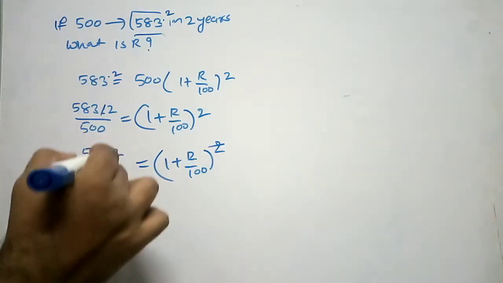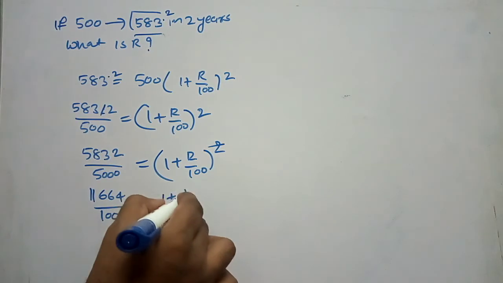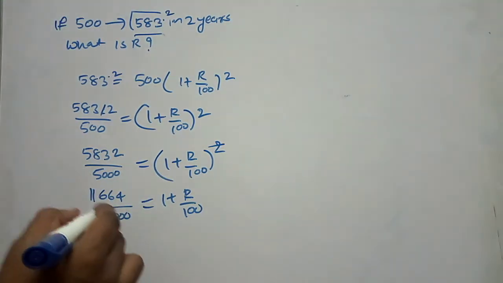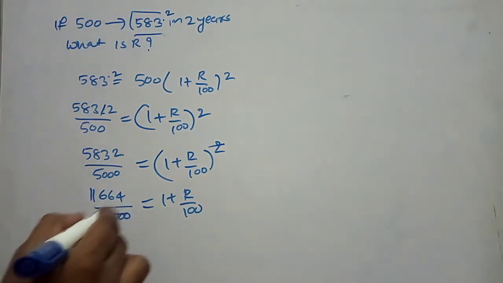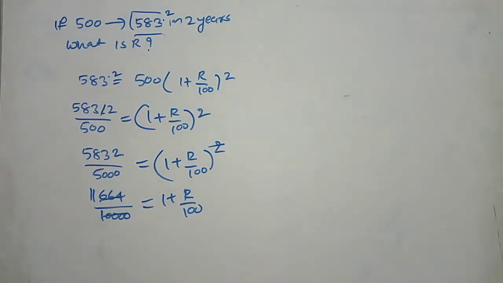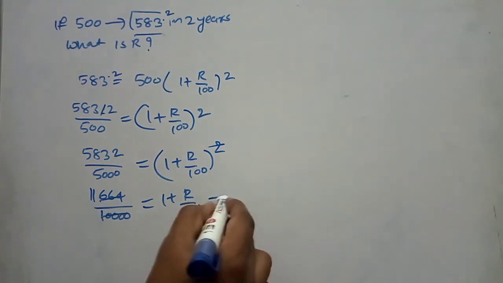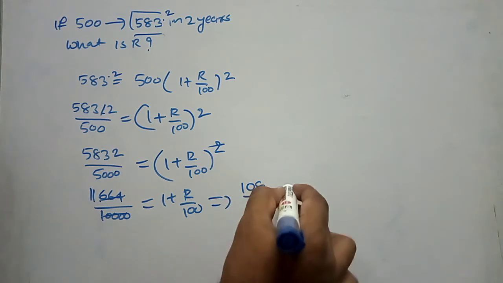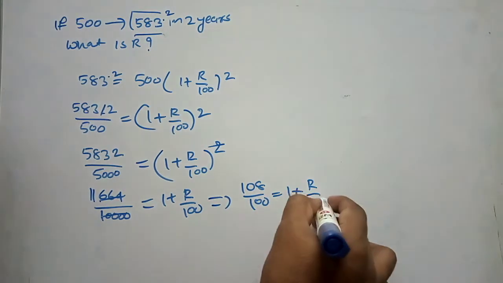In order to remove the square, I take the square root, and the value of this comes around 108 divided by 100, which is equal to 1 plus R by 100.